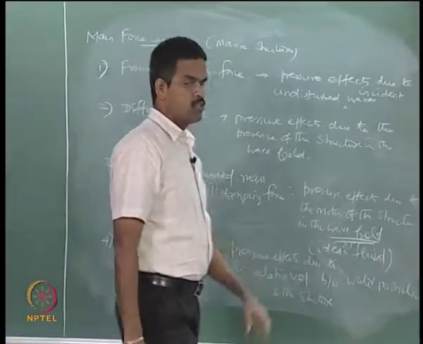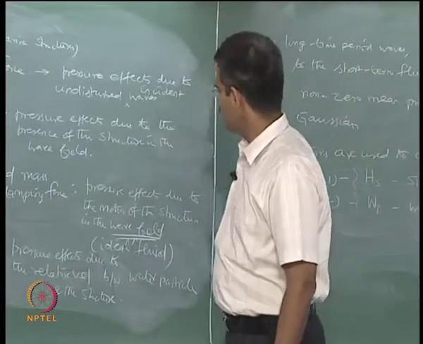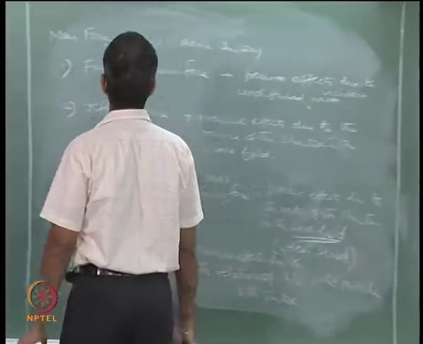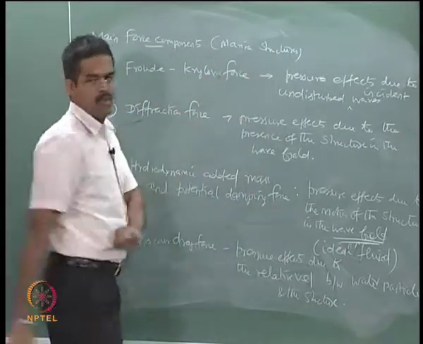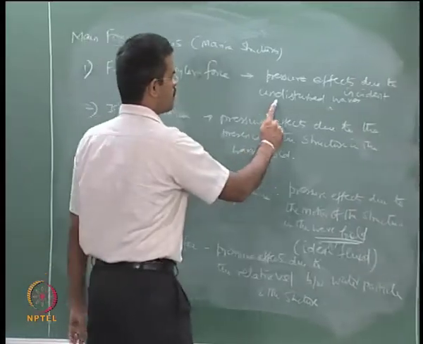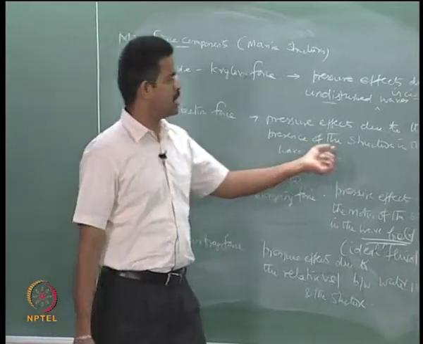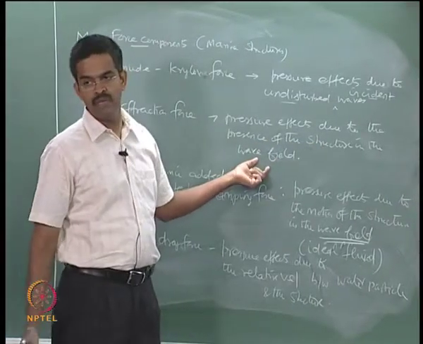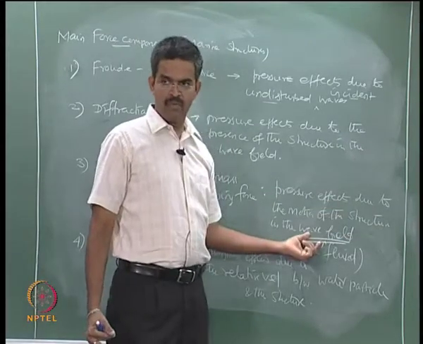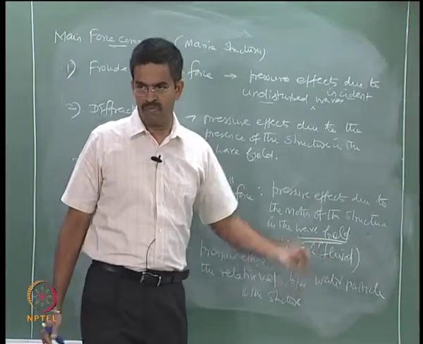So, this is very much true in case of compliant structures. So, these are main force components which act on a marine structural member. One is arising from the undisturbed wave, one is coming because of the structure interference with the wave, another is coming because of the motion of the structure in the wave, and the other is because of the relative movement of the structure in the wave field.